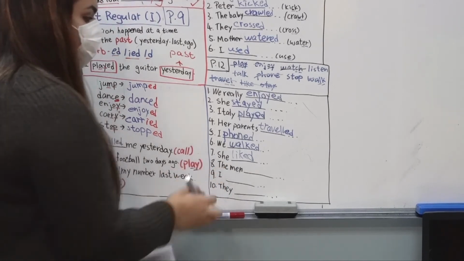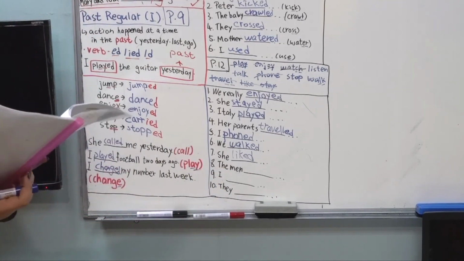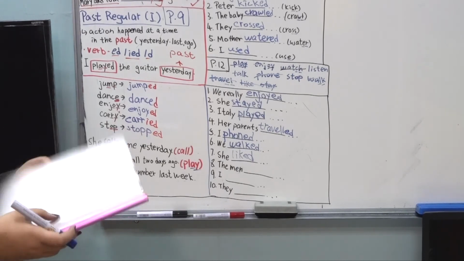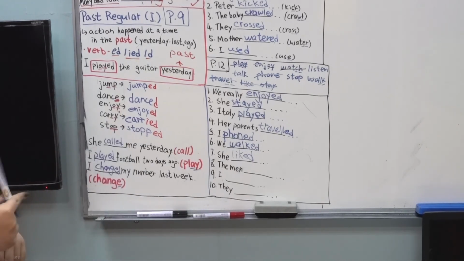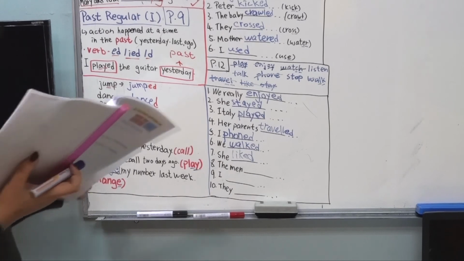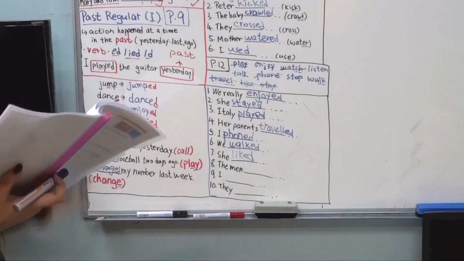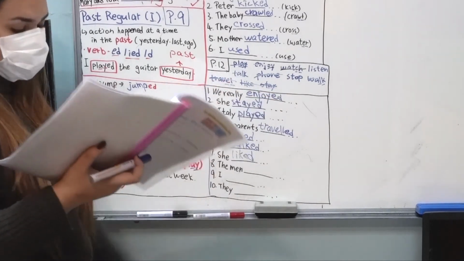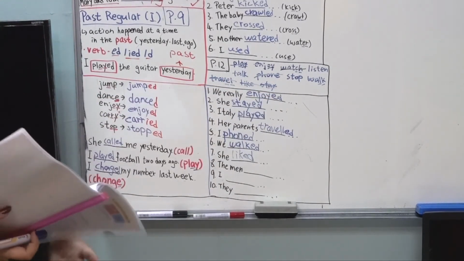Number 8. The man what work at 1 o'clock? The man listened work at 1 o'clock, or the man stopped work at 1 o'clock, or the man talked work at 1 o'clock?